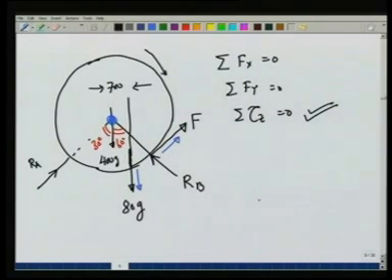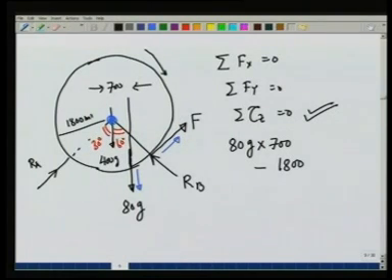If we do that, we will find that torque equal to 0 gives us 80 G times 700 minus 1800, which is the radius, times F is equal to 0.